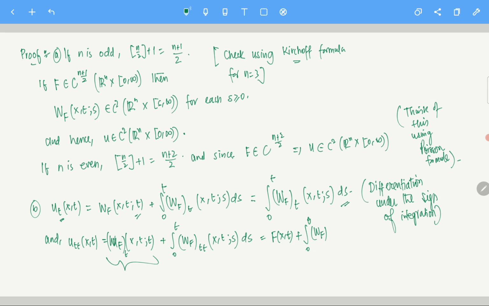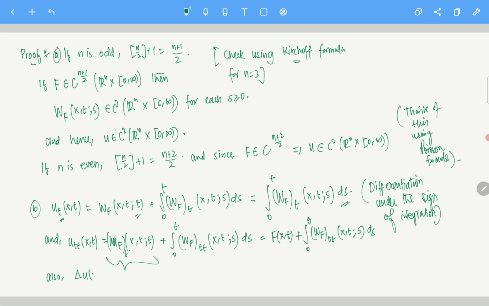This is basically the solution w when we have the initial condition as capital F, with respect to tt at the point x,t,s ds. Clear? Okay, right.